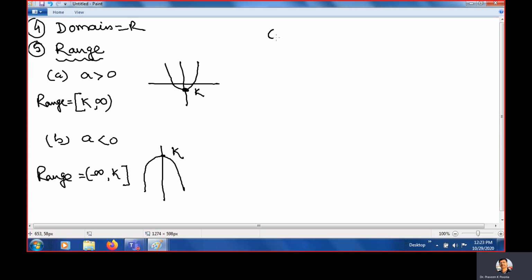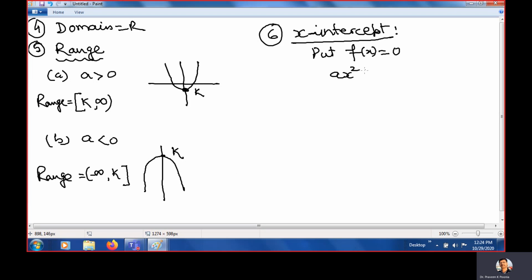Now the sixth point is the x-intercept. For the x-intercept, we put f(x) = 0, which means we get ax² + bx + c = 0.